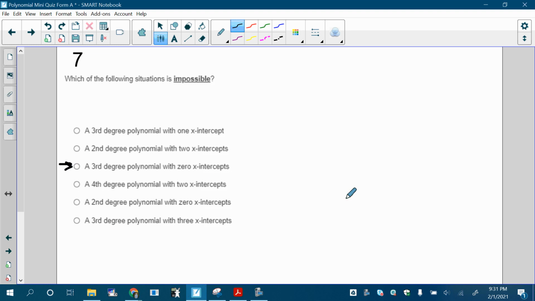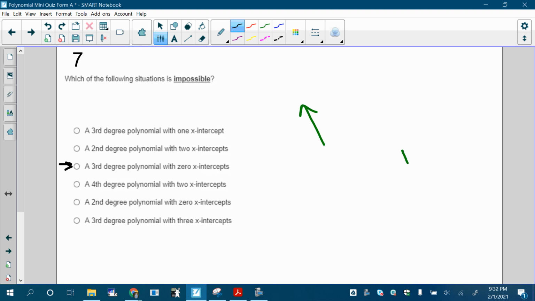And the reason that doesn't work out is, well, you can think about continuity if you want, but third degree polynomials, odd degree polynomials, end behavior is either up, down, or down, up. In either case, it's impossible to have a graph that starts down and ends up, or starts up and ends down. Kind of bad drawings, but let me draw a little better here.